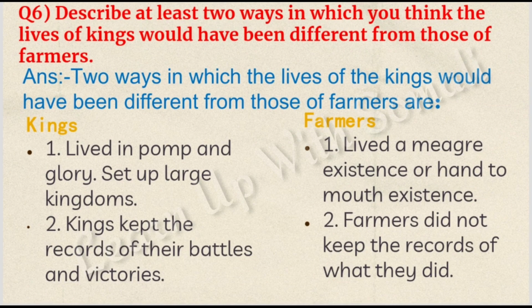Now let's look into question number 6. Describe at least 2 ways in which you think the lives of kings would have been different from those of farmers.